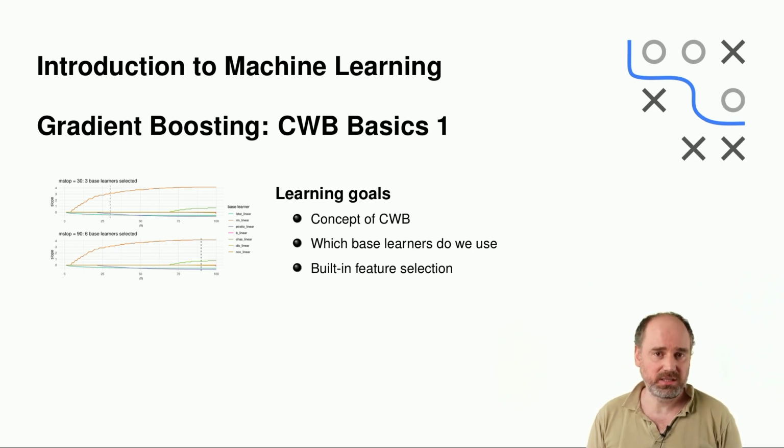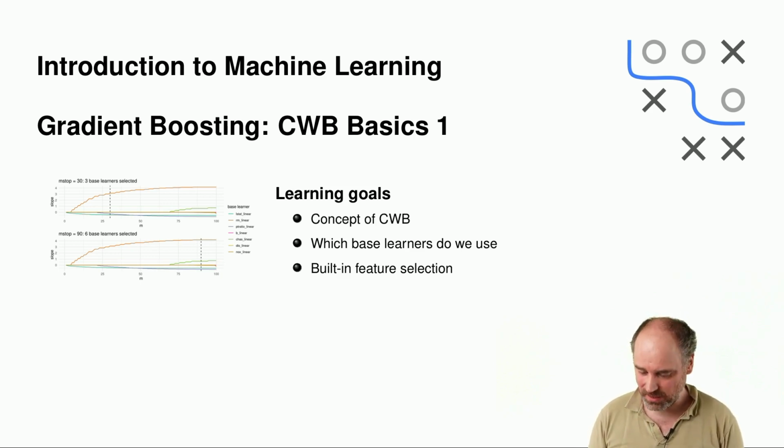And hopefully in the end you can see that this gives rise to a model where you can drive down an arbitrary loss function, but the resulting model will have built-in feature selection, and depending on which base learners you use, you can also produce something like a GAM model, a generalized additive model, and you get something like marginal effects, so partial dependence curves and so on, in a certain sense for free. I guess all of that will become a bit clearer after we have moved through the basics.